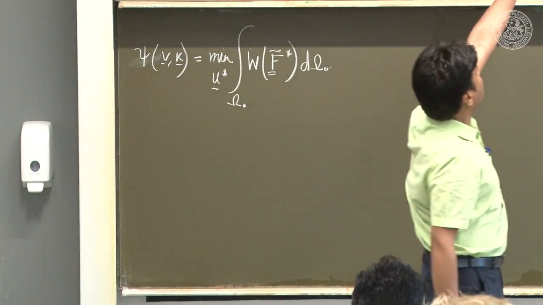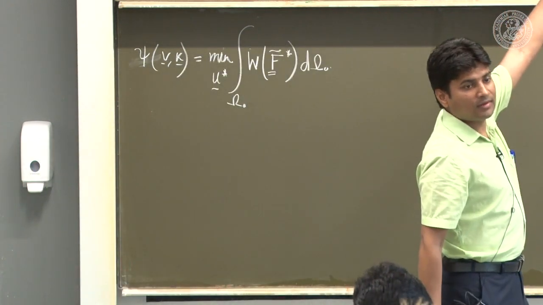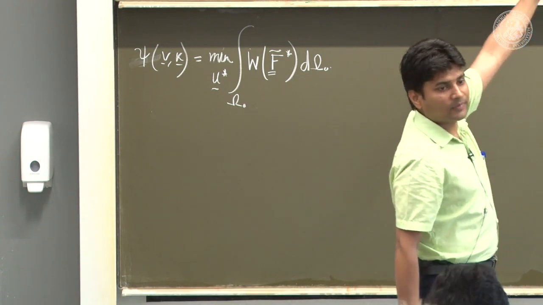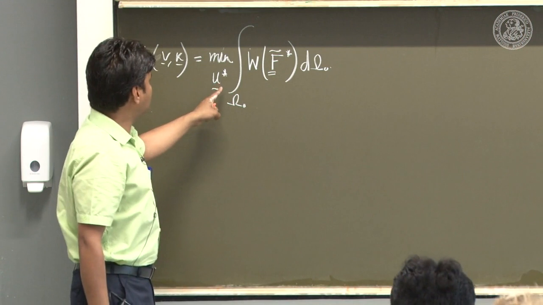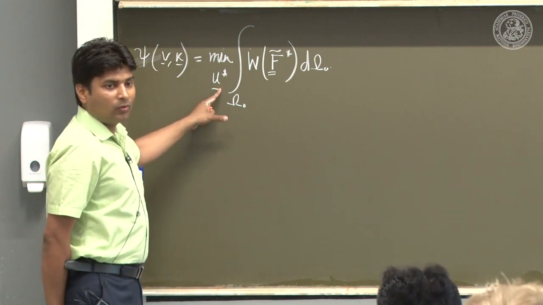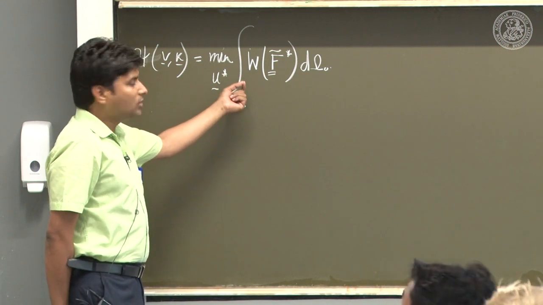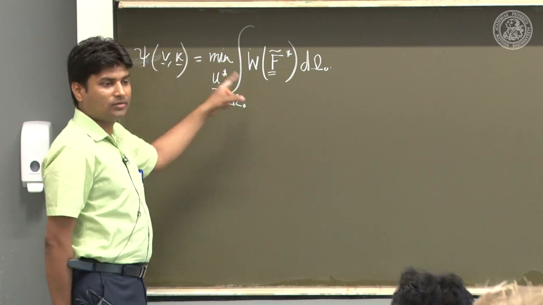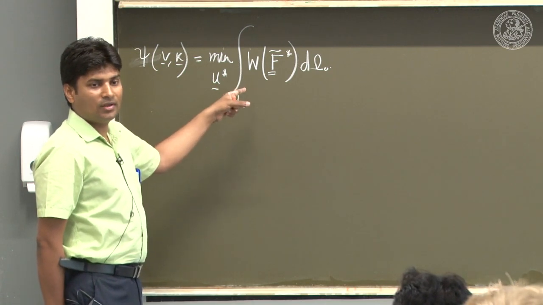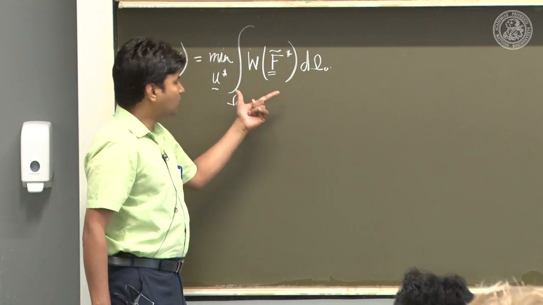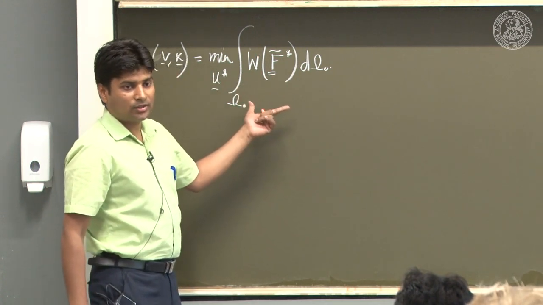So, we have to minimize that energy w of f star. So, I minimize this for all possible warping, and the one that gives you the minimum energy would then be your psi. And you see this minimization problem, what is the domain of this problem? It is just one cross section.